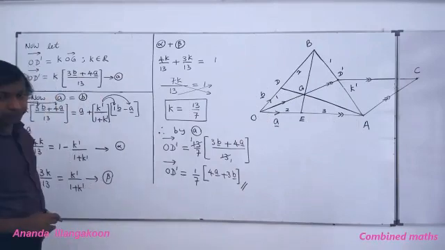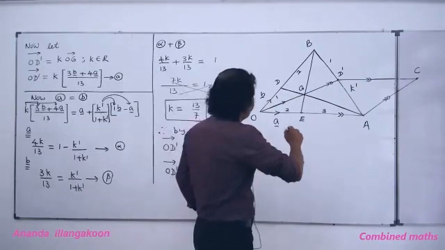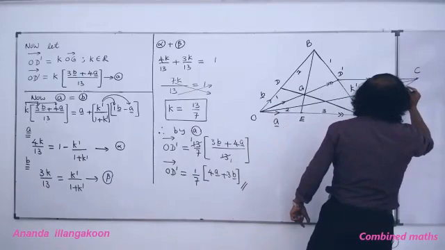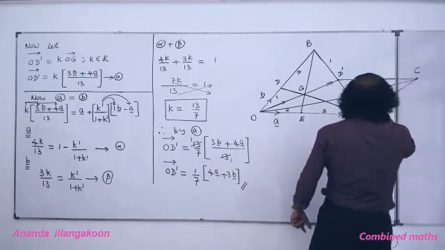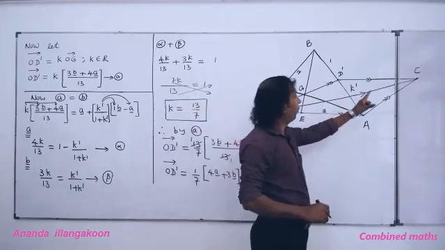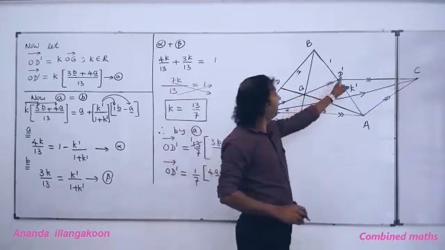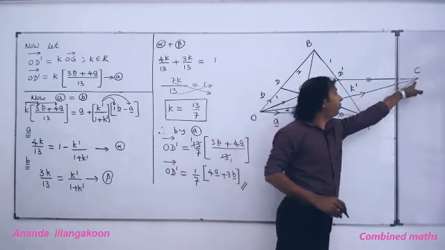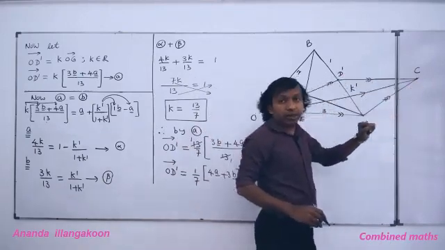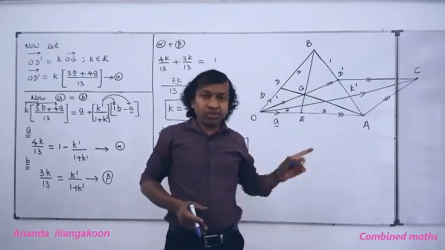Now, what is it asking? It asks for the OC vector. OC vector is this. You can tell me how to write this OC vector. You can write OD dash plus D dash C. But you know, this D dash C and this OA are equal and parallel because this is a parallelogram.